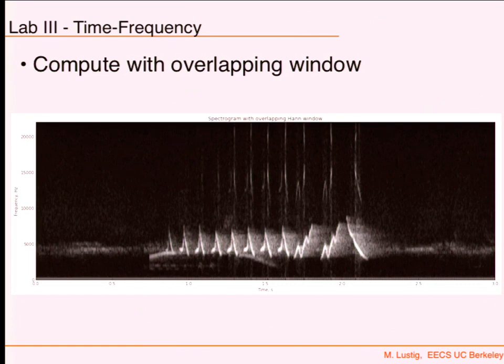If you're doing for loops in Python, this is the most terrible thing you could do in terms of efficiency. So this is one of the aspects of doing that type of computation, and how to do it fast. Okay. So you're going to compute the spectrogram with overlapping windows. You're going to see a nicer looking spectrogram.